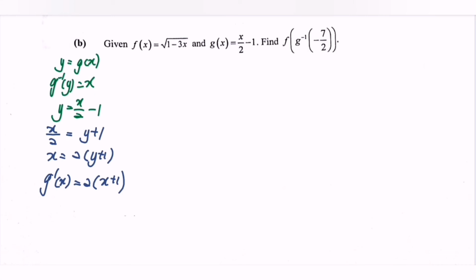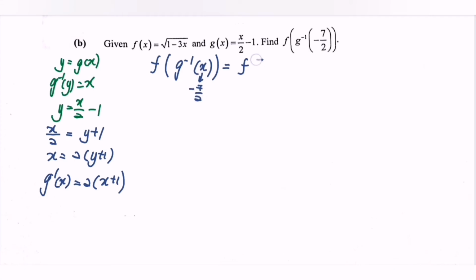So here we have the g inverse. Next, f of g inverse x. So in here, they suggest that substitute the negative 7 over 2 into the function of g inverse. So we will have bracket, replace this one with negative 7 over 2.